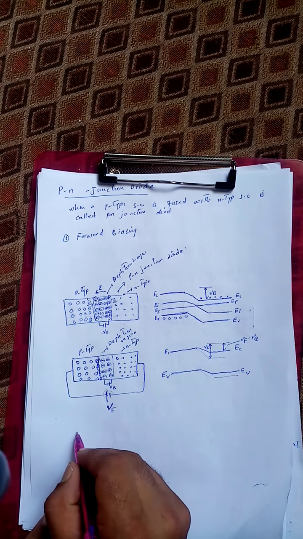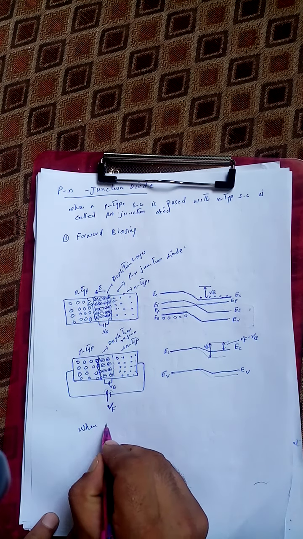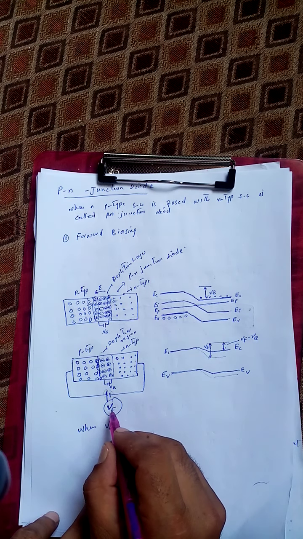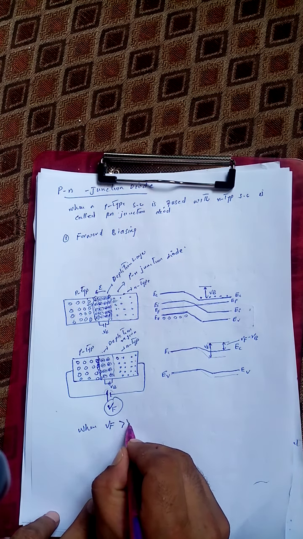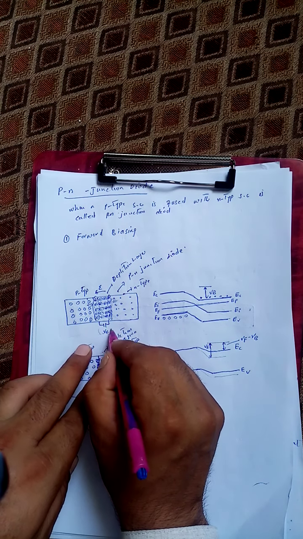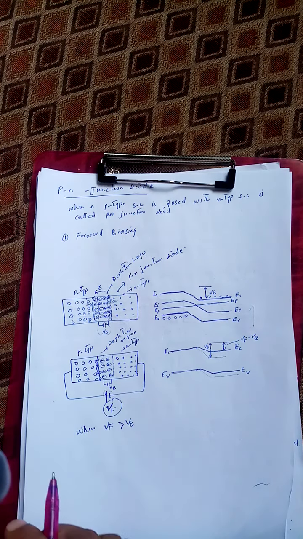Now when Vf, the forward biasing voltage, is greater than Vb, the barrier potential voltage, then what will happen?